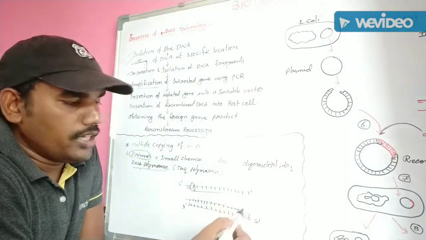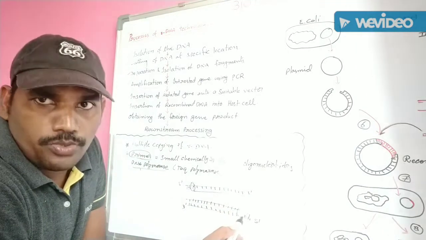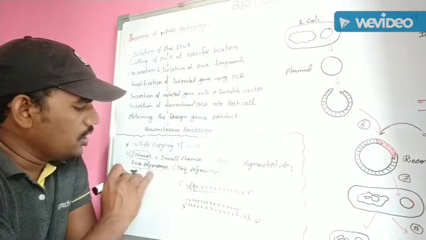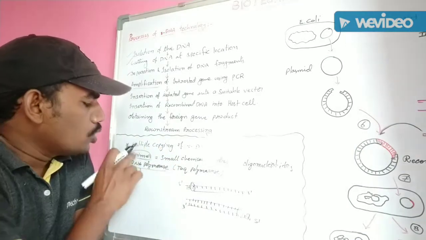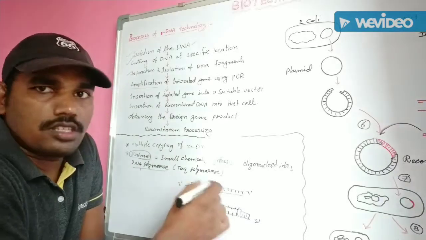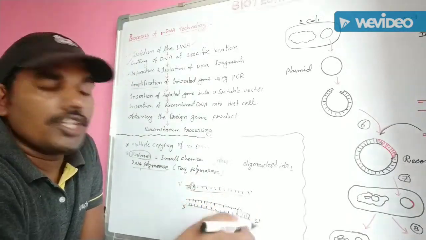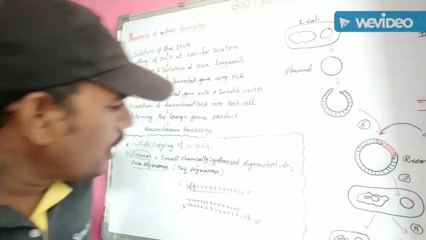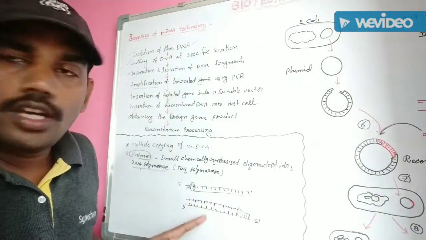The primer is helpful for the initiation of the polymerization process. Then the polymerization is done by the DNA polymerase enzyme. With the help of these primers and the DNA polymerase enzyme, complementary strands are synthesized for these denatured single strands. In this way, two DNA copies are developed.